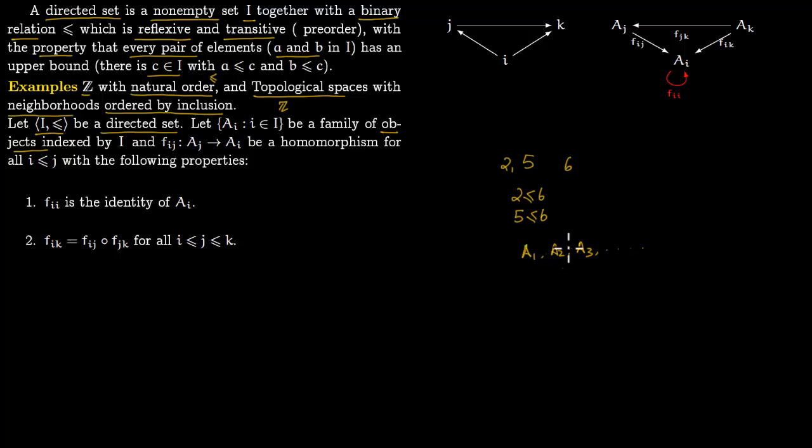Now once you have objects, you have to talk about morphisms. If you have objects indexed by I, then you have morphisms, and if you're working in groups, we can say group homomorphisms like this: Fij from Aj to Ai. So obviously say I is less than J.